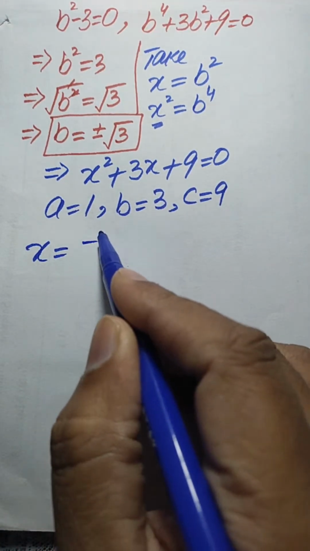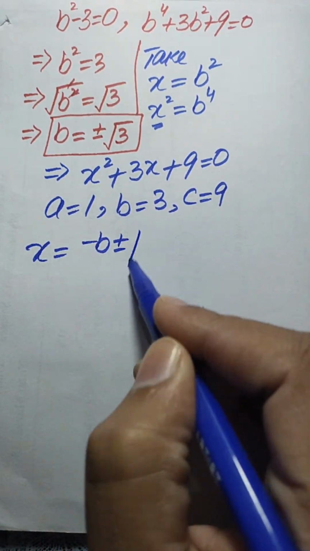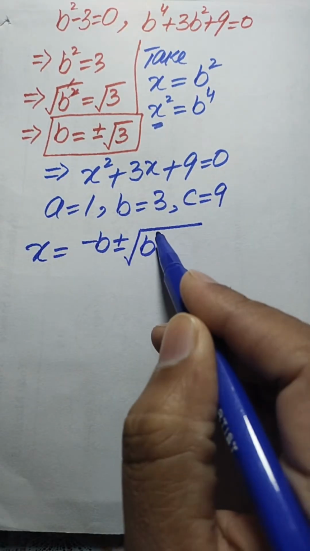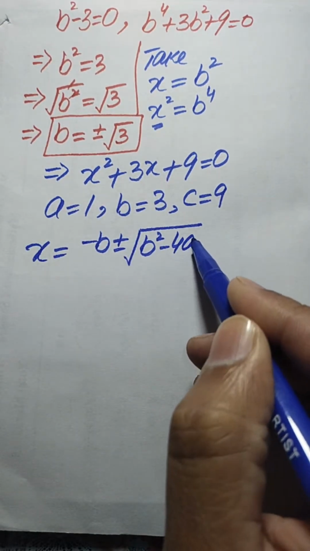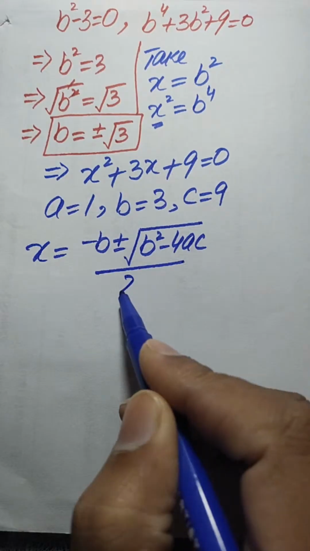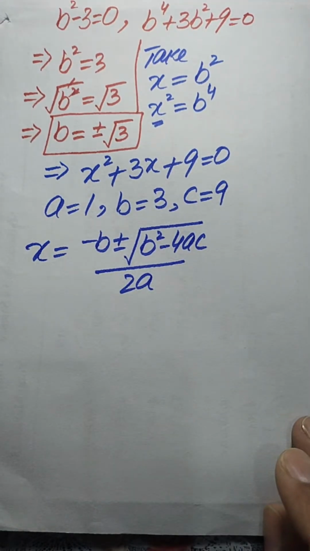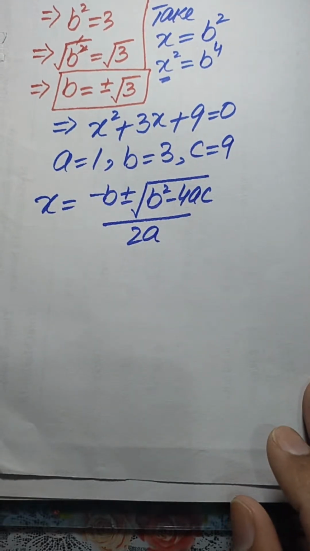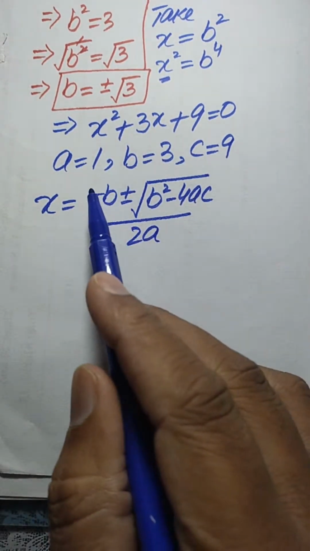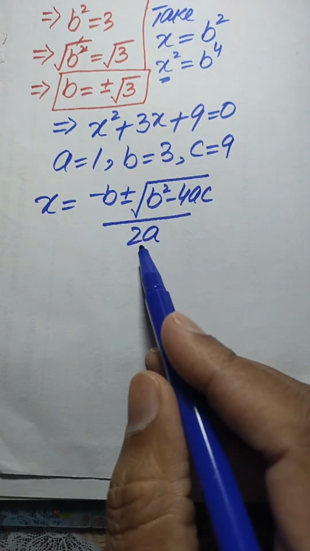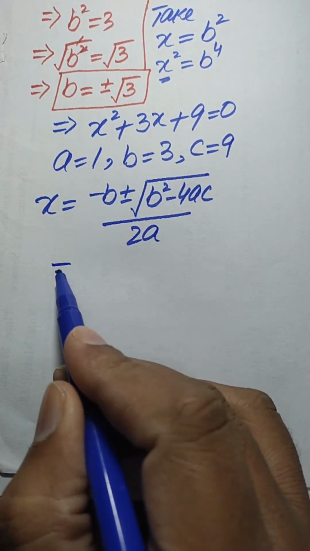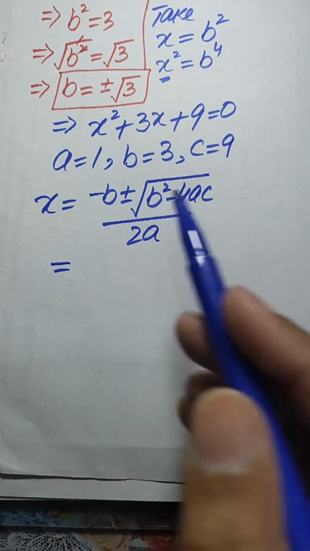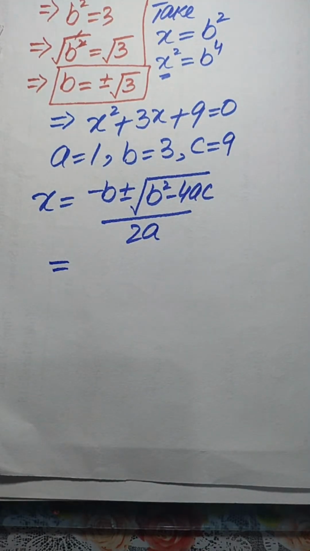And we state the quadratic formula as x equals minus b plus minus square root of b square minus 4 times ac, divided by 2 times a. So this is our quadratic formula, and we need to substitute the values of a, b and c in this. After substituting all these values, it is written in this form.